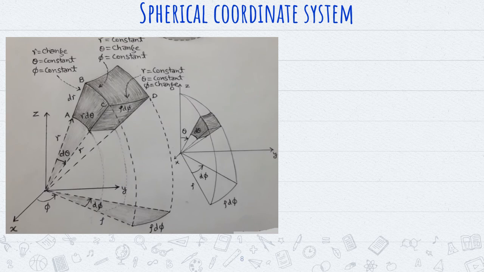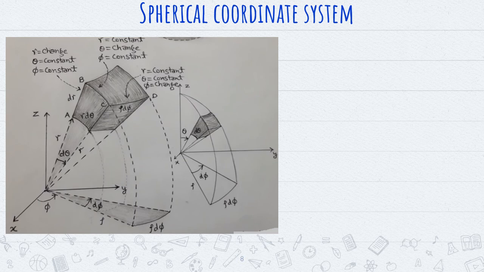Now the second side is the BC side. You put a dotted line from the origin to the point B and also from the origin to the point C, and it makes an incremental angle of d theta, along with the length of arc r. So the side BC represents r into d theta.